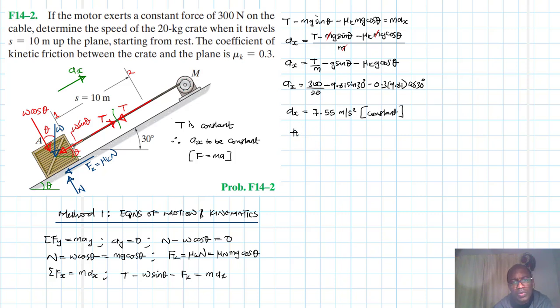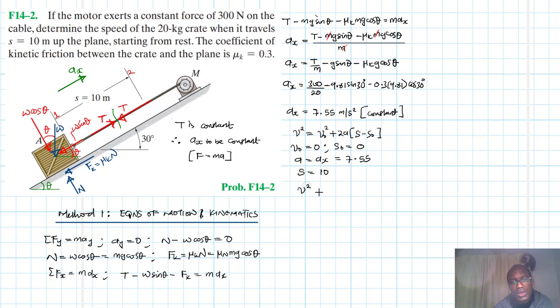So let's use this equation to find our final velocity after the box has moved a displacement of 10 meters. v squared equals v naught squared plus 2a times s minus s naught. v naught is just equal to 0, s naught is equal to 0, a is equal to a_x, which is equal to 7.55. And s is equal to 10.